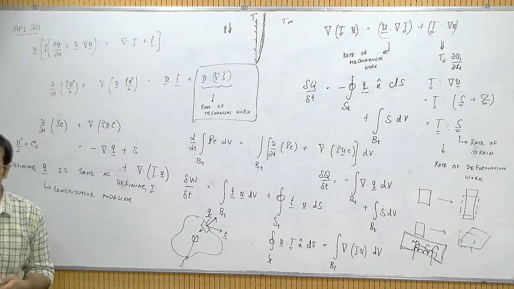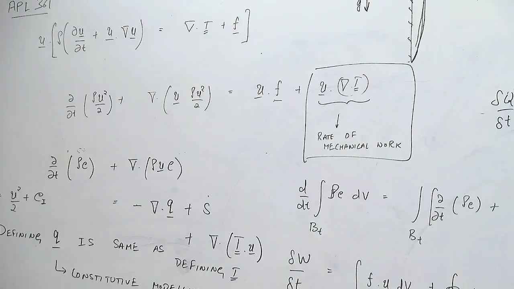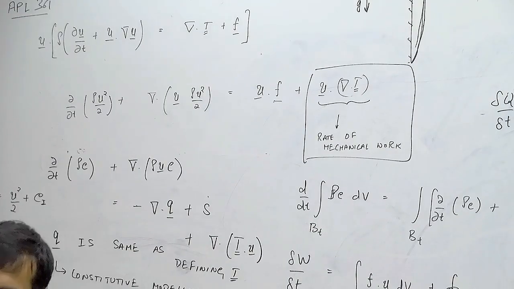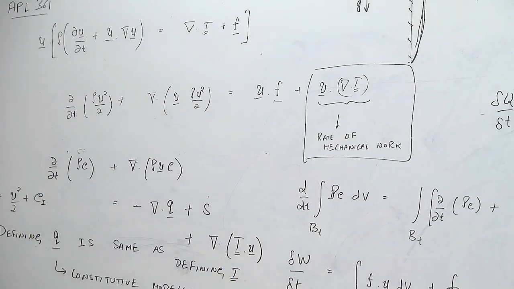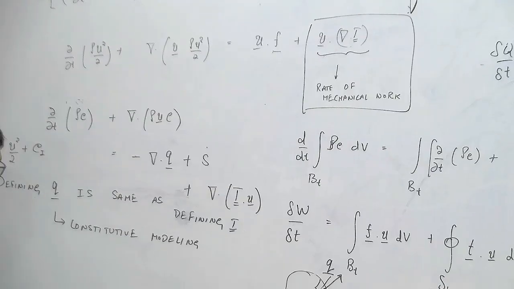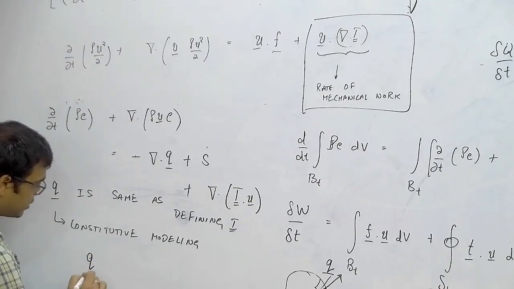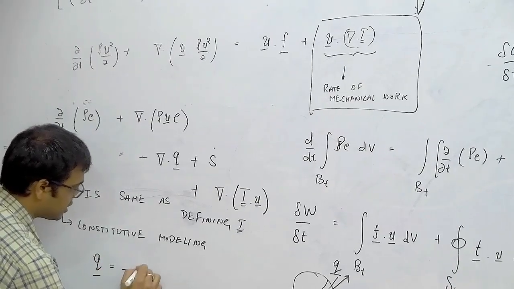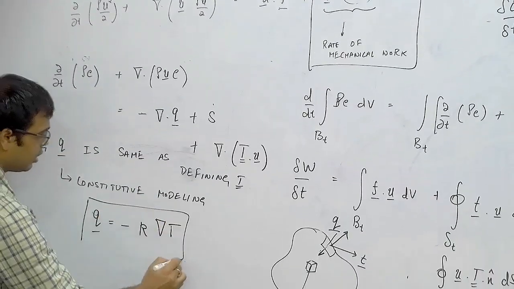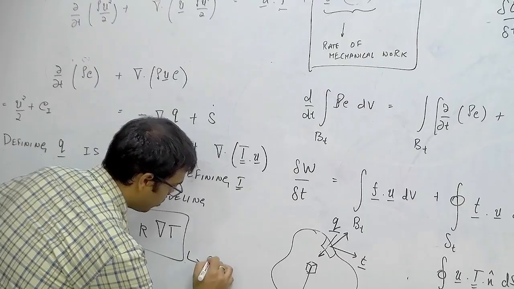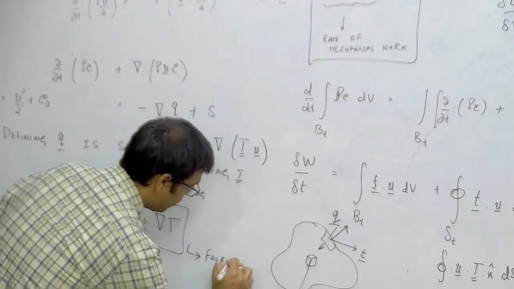Defining Q is also a part of constitutive modeling, just like defining T was. Okay, we gave a lot of focus on T, how to derive T, how to define T. We're not going to bother too much about Q, just going to give you the end result, and that is Q is minus K gradient of T. This is the definition according to what is known as Fourier's law.